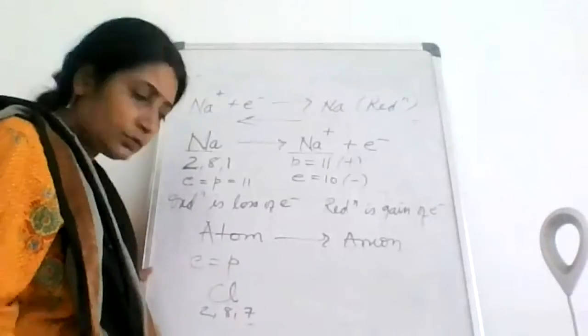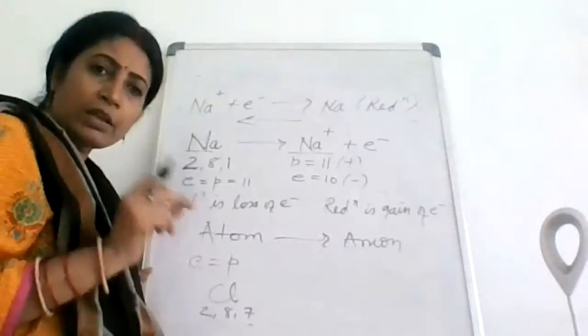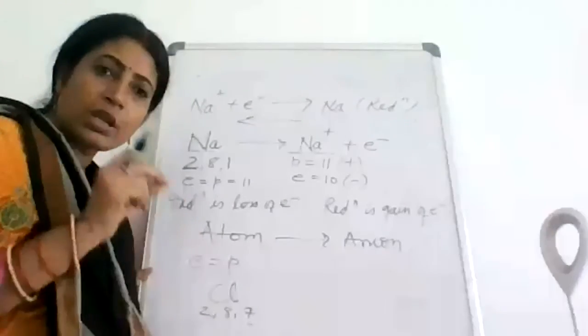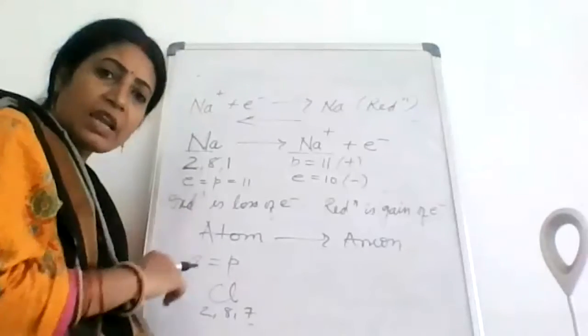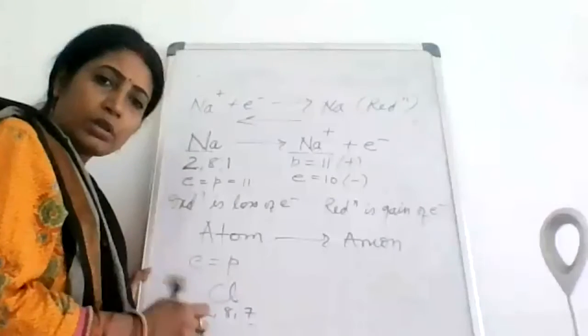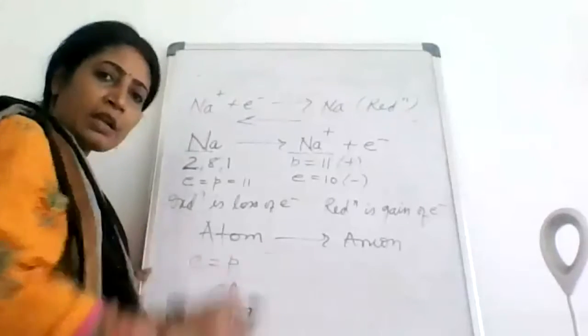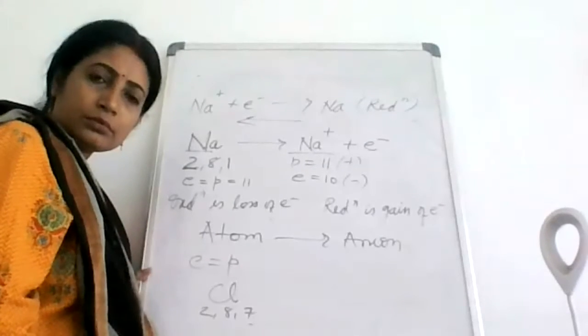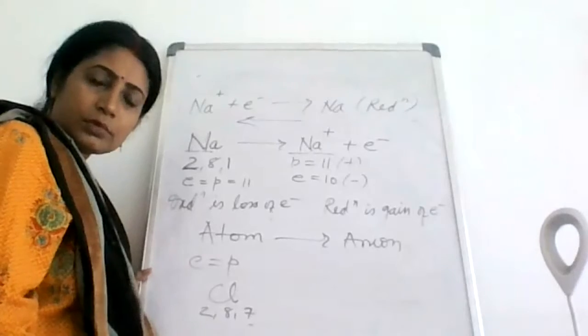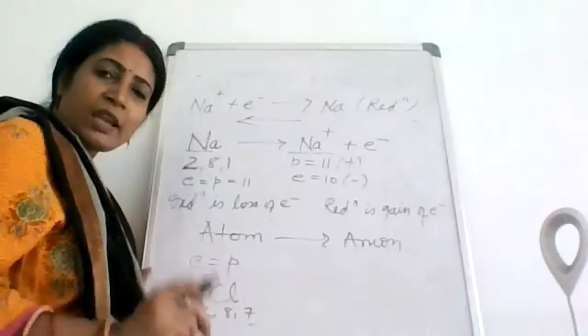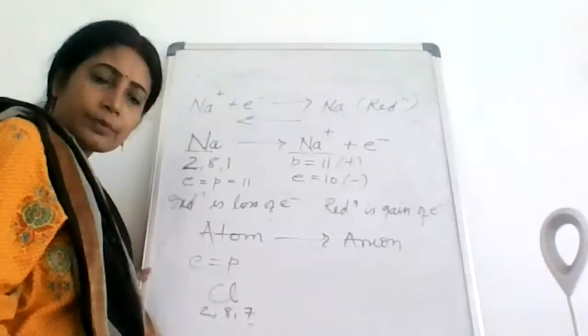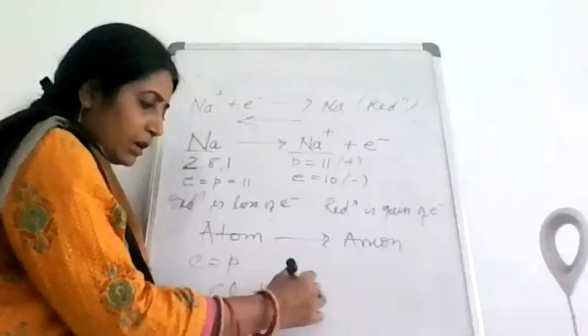Gain one electron. It has to gain one electron. So which side will I write the electron, product side या reactant side में? जब भी gain होगा, reactant side में हम गेन लिखेंगे.